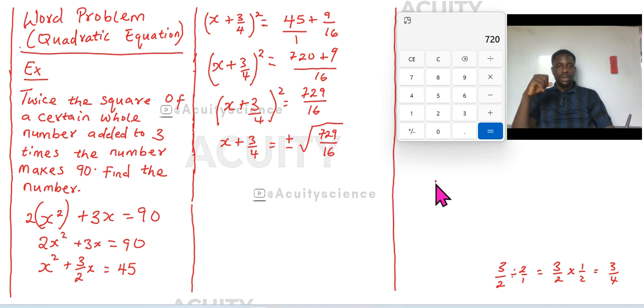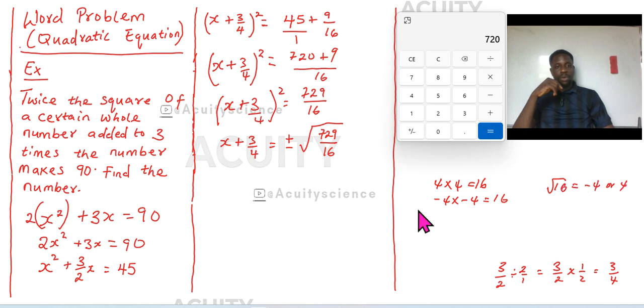The idea is 4 times 4, for example, is 16, and minus 4 times minus 4 is also 16. So square root of 16 could be minus 4 or positive 4. That is why we have plus or minus here.